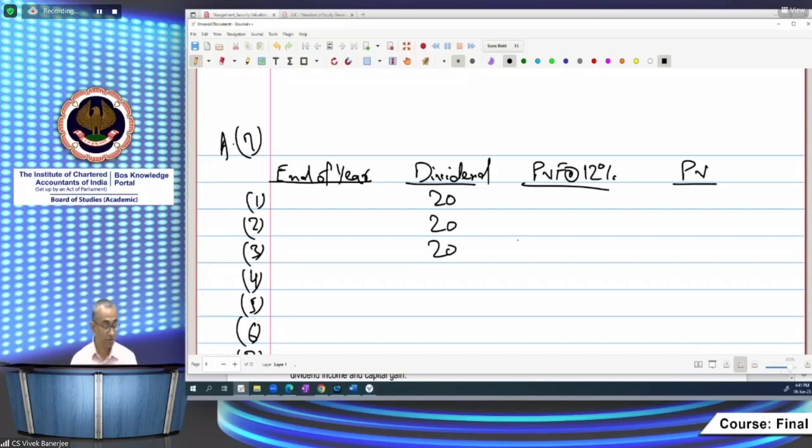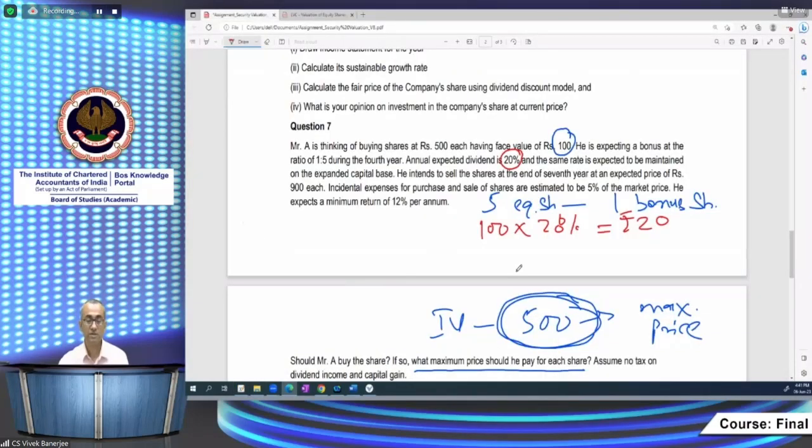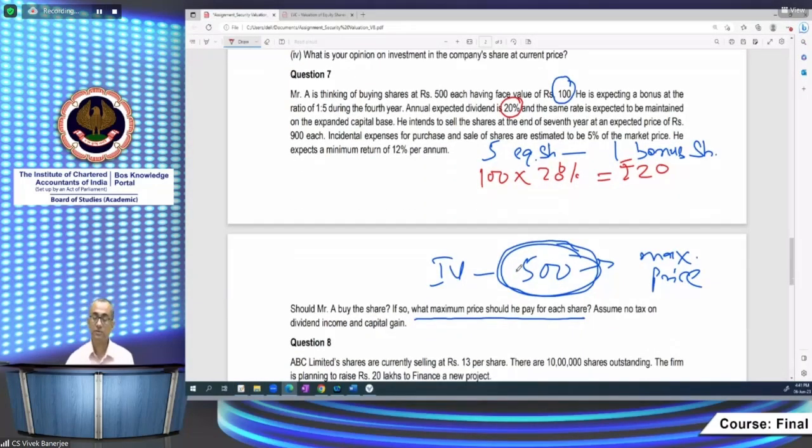But now come to the fourth year. In the fourth year, it is given in the question that bonus at the rate of 1:5 during the fourth year will be given.